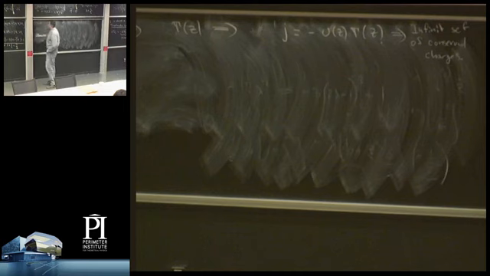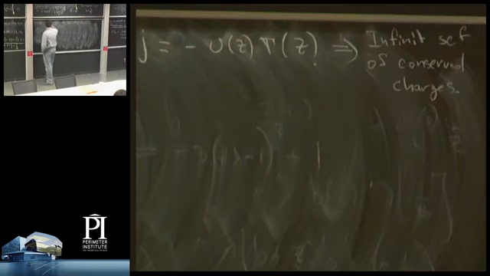Remember that in the CFT we had an infinite set of currents. The stress energy tensor is holomorphic, and once we know it, we can construct a conserved current, which is minus v of z T of z.